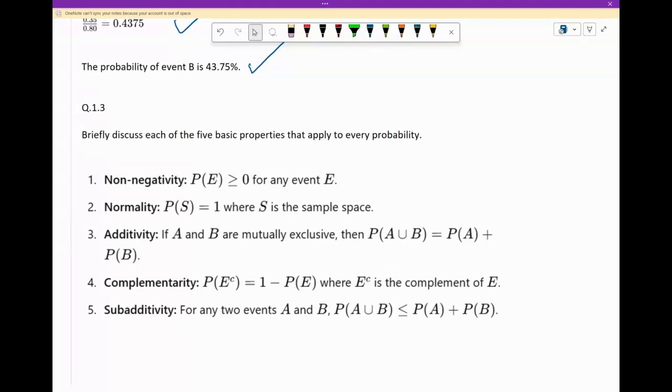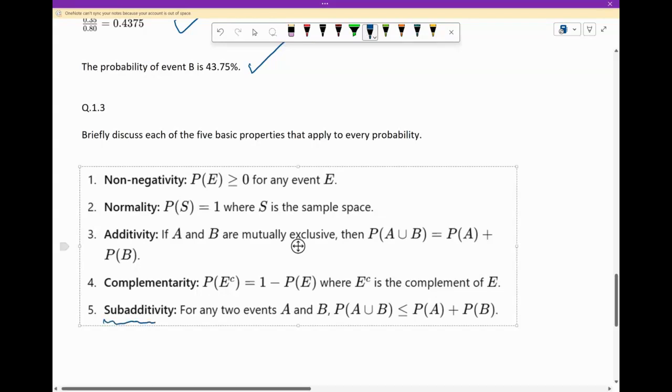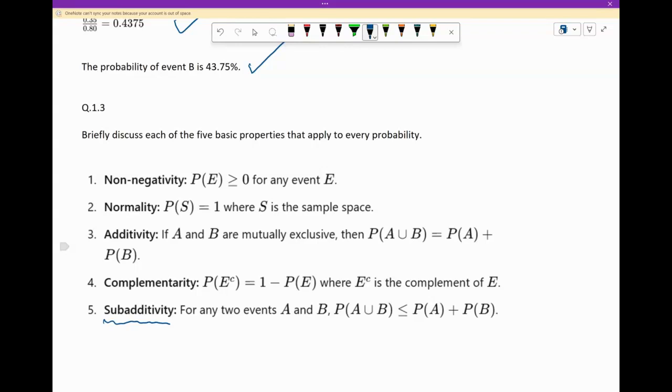And then obviously sub-additive. How do you pronounce this, guys? Sub-additivity. For any two events, A and B, the probability of A union B is less than or equal to the probability of A plus the probability of B.